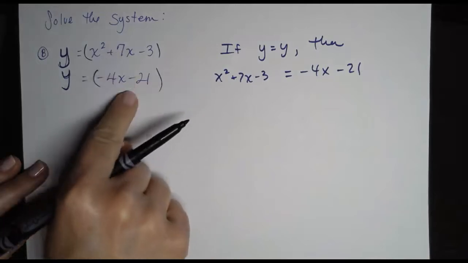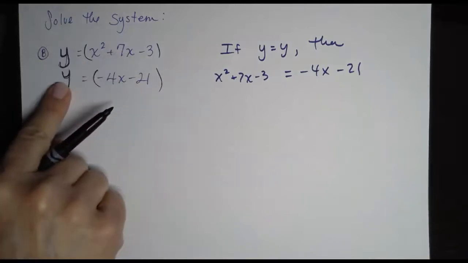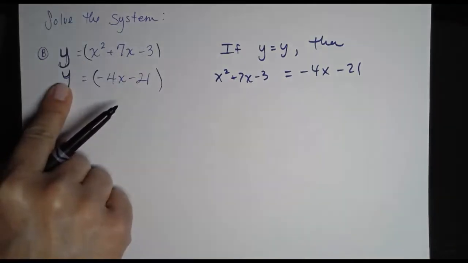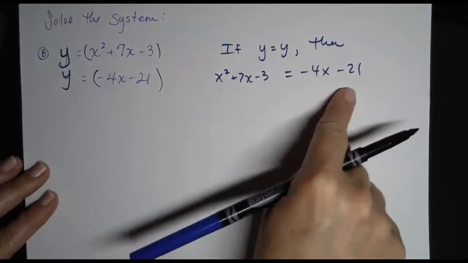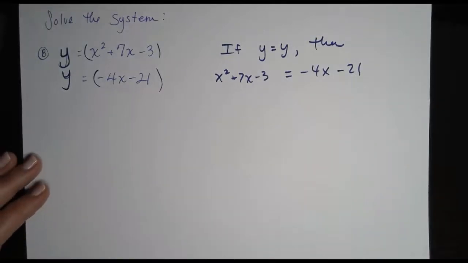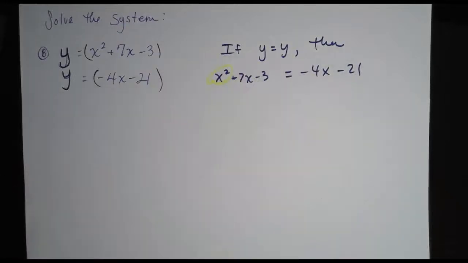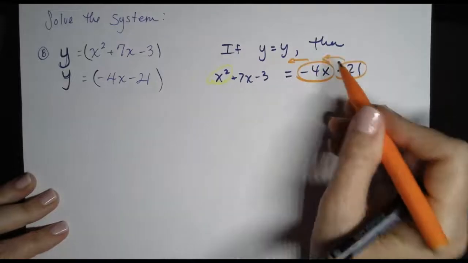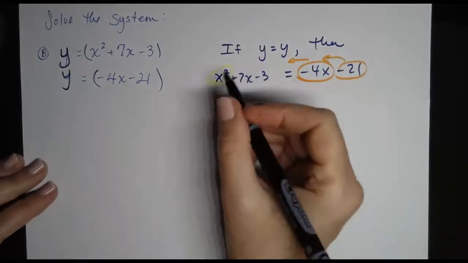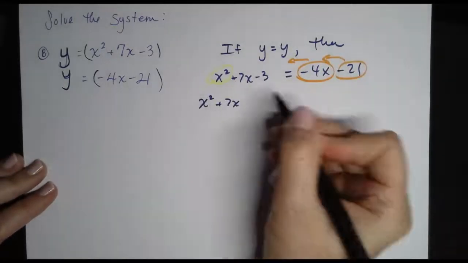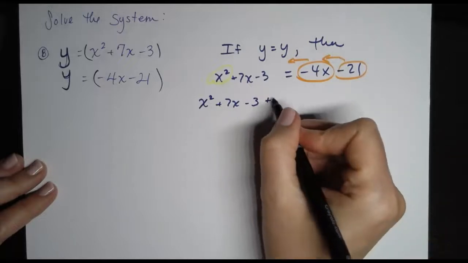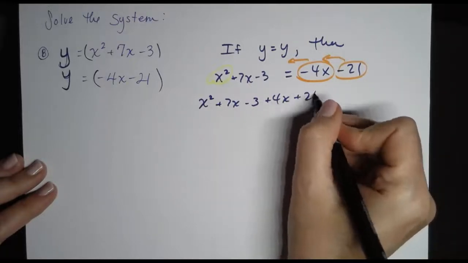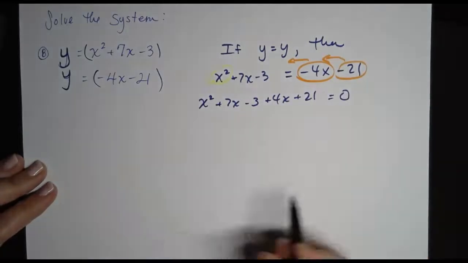We're just going to set these two equal to each other because they're both equivalent substitutions for y. And this turns out to be a pretty nice quadratic equation. So if we have a quadratic equation, which we do, we need to set it equal to 0. So both of these terms simply need to go from the right to the left. So x squared plus 7x minus 3 plus 4x plus 21 equals 0.